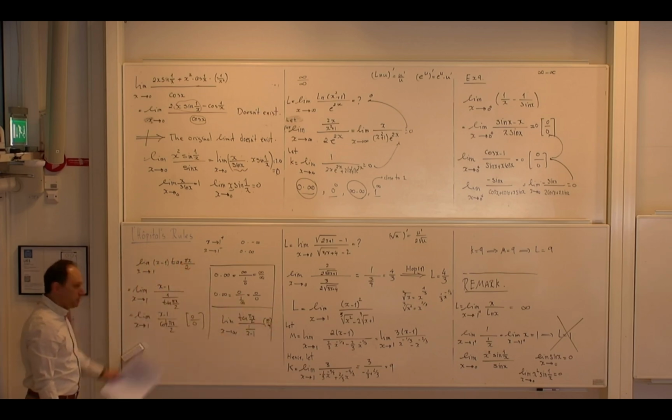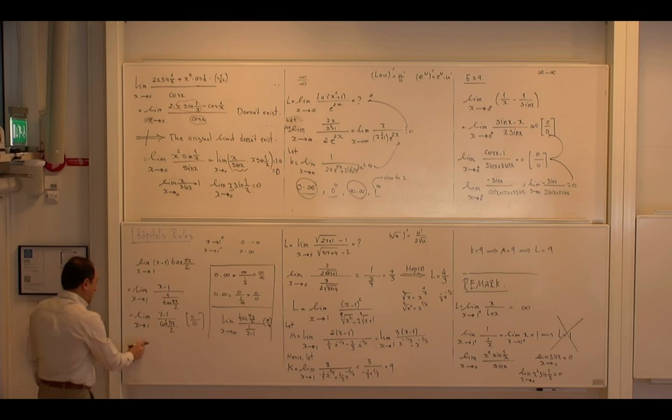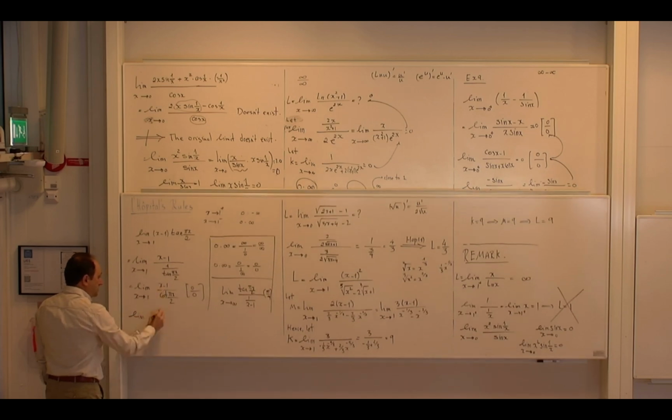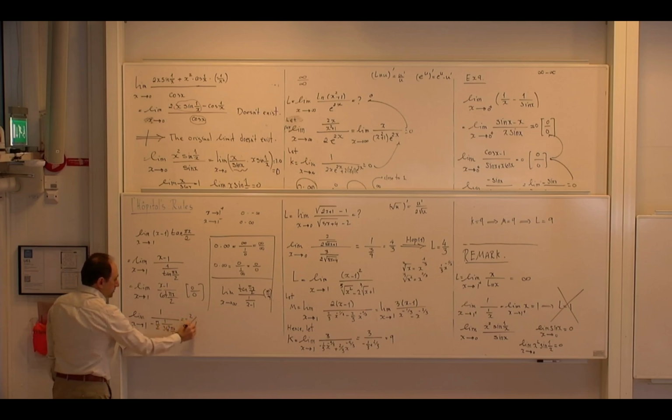But this is better, isn't it? So I now use L'Hopital's rule. I differentiate this. This is 1. I differentiate the cotangent. I have the formula in my mind, so it becomes minus pi over 2, 1 over sine squared of pi x over 2, and x goes to 1. But everything is simple because sine of pi over 2 is 1, so the answer becomes simply minus pi over 2.